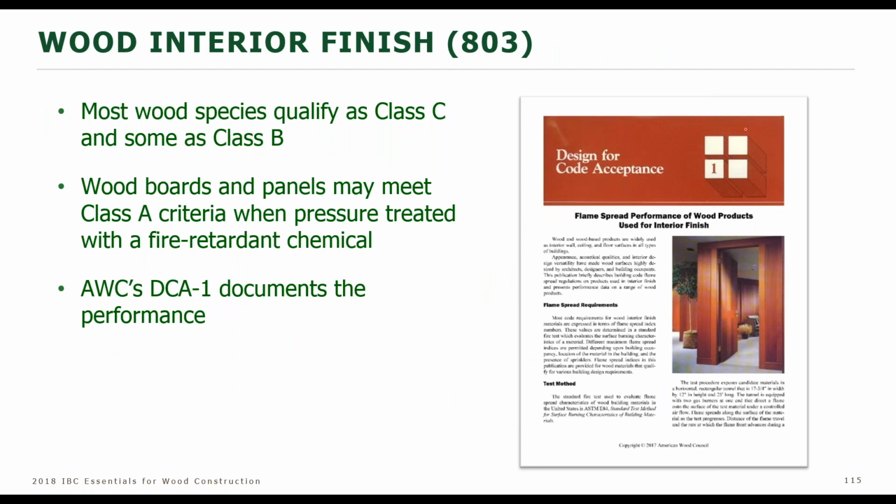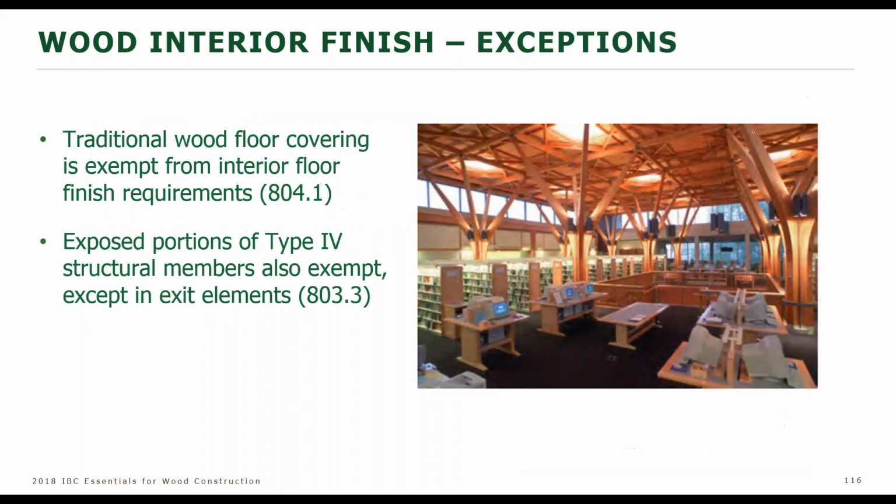If you want to know what the flame spread classification is for any particular wood species, we have another document, Design for Code Acceptance number 1. If the manufacturer of the interior finish doesn't provide it to you and you're using wood finish, you can go find out what the flame spread is from this document. Most classify as B or C, but there are some exceptions.